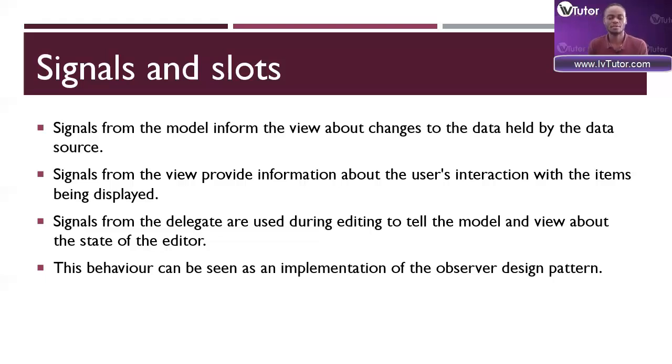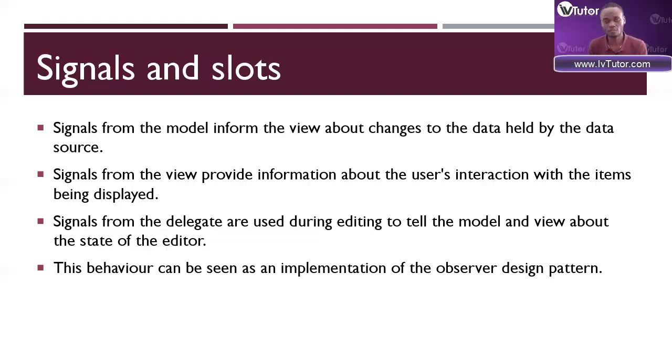And this automatic response to events happening in the other objects can be viewed as an implementation of the observer pattern, because you remember with the observer pattern, you've got an observer and you've got a subject. And whenever something changes in the subject, your observer automatically responds to those changes happening in the subject. So it can be seen as an implementation of the observer design pattern. And you'll see, once we go through exam paper questions, that it's very common to get a question that says, can you compare, or how is the MV architecture an implementation of the observer design pattern?